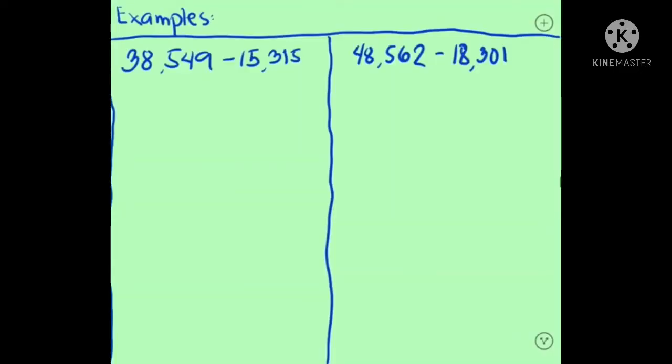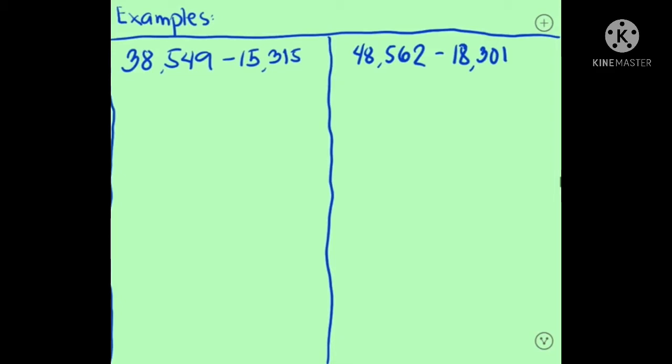Alright, so let us now do some examples here. Okay, so for you to understand the steps in subtraction of numbers without regrouping. Okay, so we have here 2 examples first, and then after these 2 examples, then I will show you another set of examples.